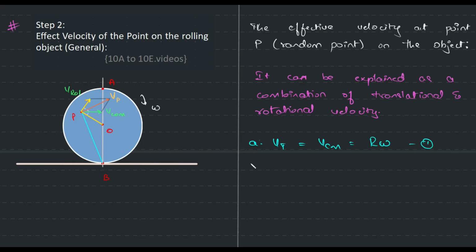Then because of rotational, V rot will be equal to small r omega.